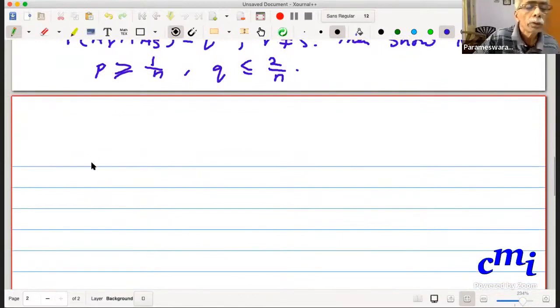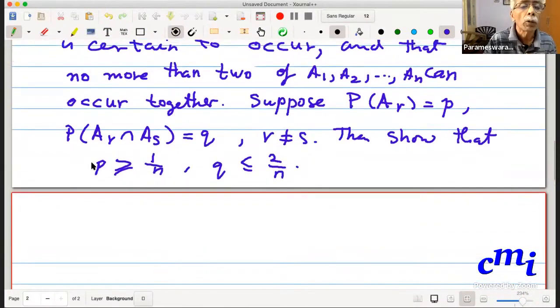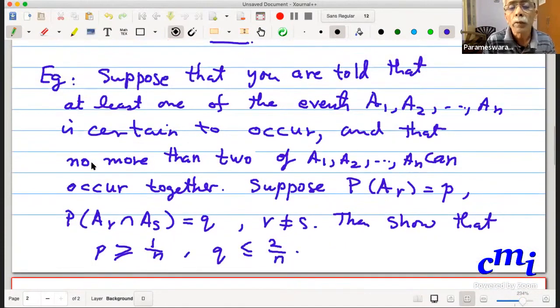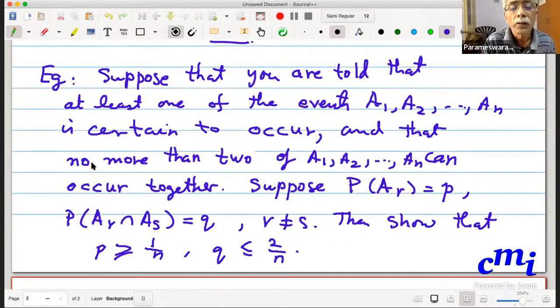So what are we told? You are told that at least one of the events is certain to occur.